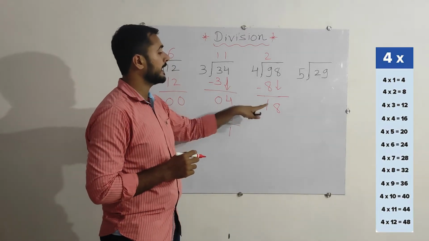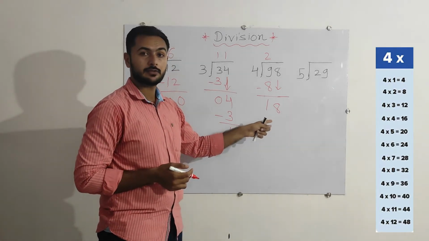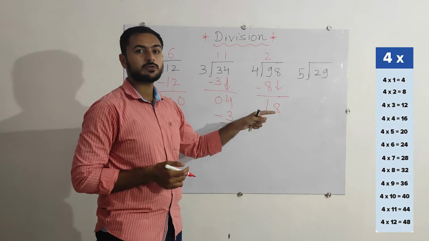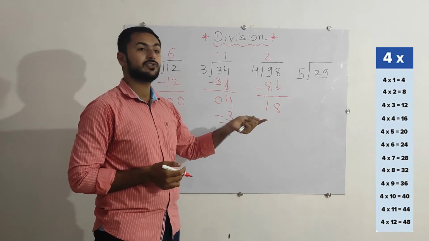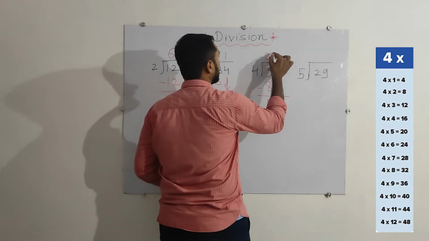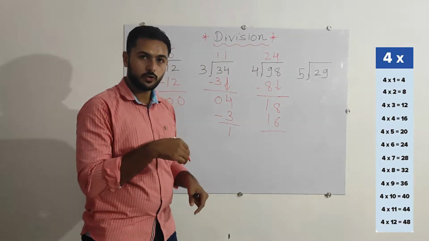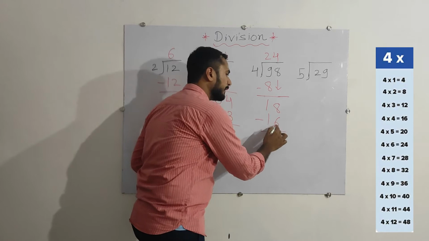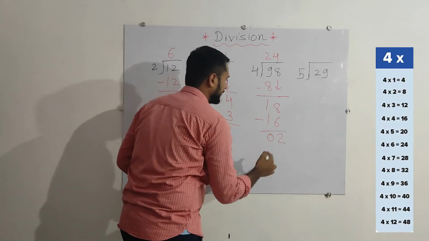But we cannot find 18 over there. 20 is bigger than 18, so it will not work. We have to take less than 20, which is 4 fours are 16, and that is smaller than 18. So it will work. Now do the subtraction. 8 minus 6 is 2 and 1 minus 1 is 0.